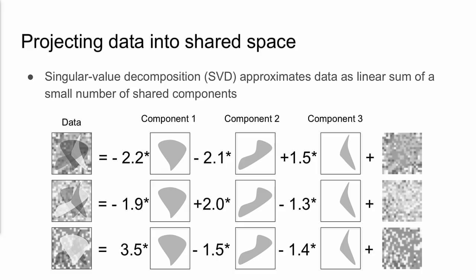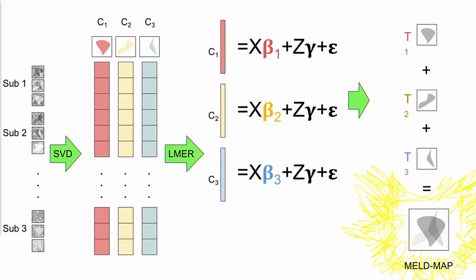This is just an illustration of what you do with a singular value decomposition. You're taking your data, in this case one neural map per trial or neural maps per time point, and decomposing those maps, again, based on the correlation with the independent variables.